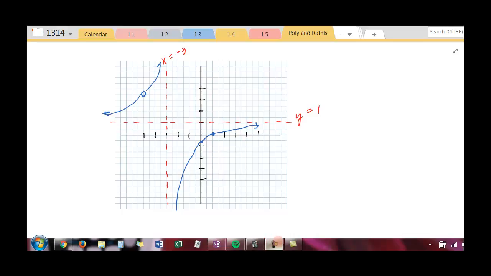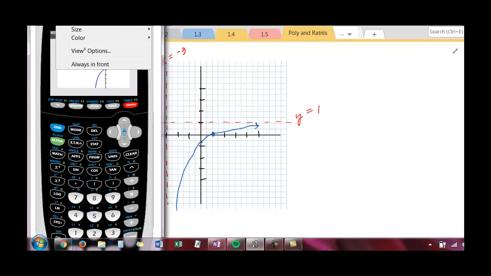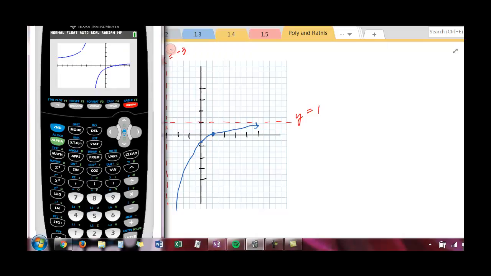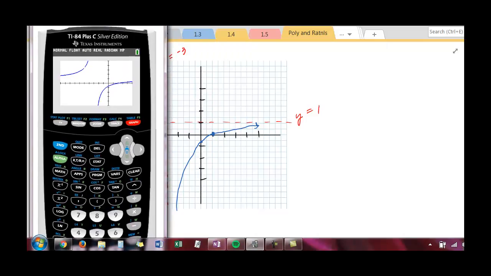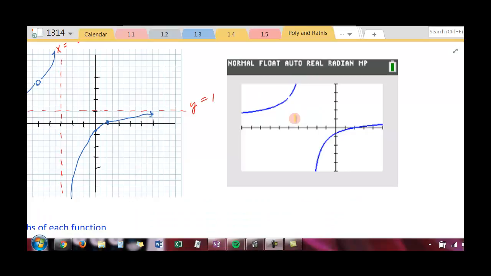Now I want to show this in my graphing calculator. I put the function in the y equals, and here is a picture of my graph. Let me zoom in on this a little bit, because I want to show you something interesting.